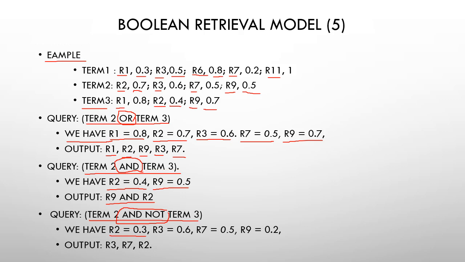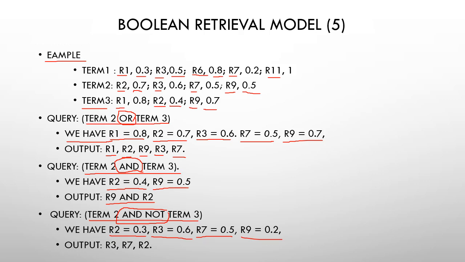So the difference between the weight of 0.6 and 0 is 0.6. So we record R3 is 0.6. And now R7, it has term 2 only and the weight is 0.5. The same case as record number 3. And then record number 9, the weight is 0.7 and 0.5. So the difference is 0.2.